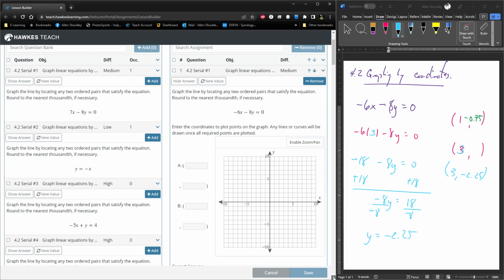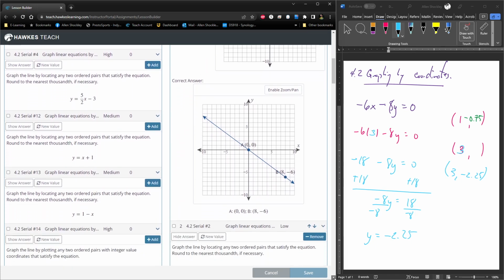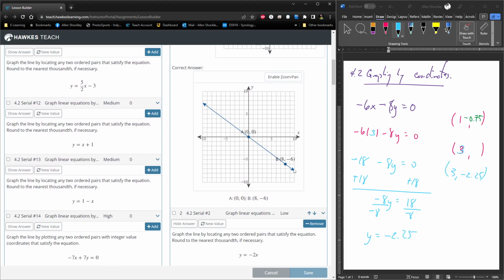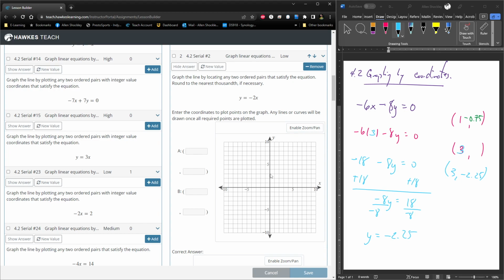Let's see what that graph looks like. So this is just what they chose. They chose 0 and 8. There's nothing wrong with picking either of these points. You just got to get 2. So again, you're just plugging whatever numbers you want into this equation to get out something else.